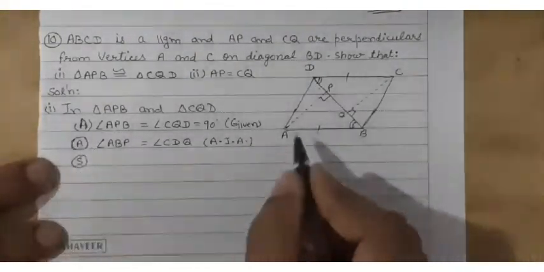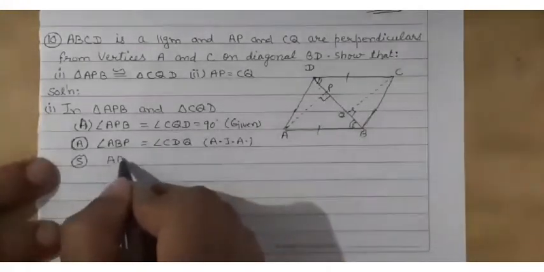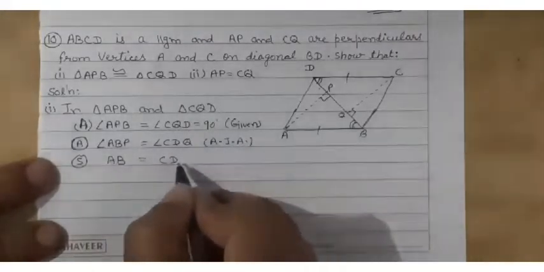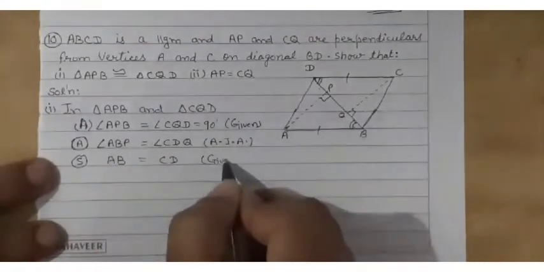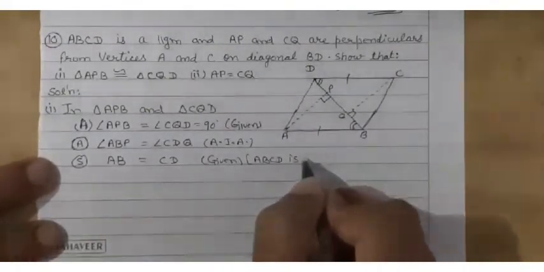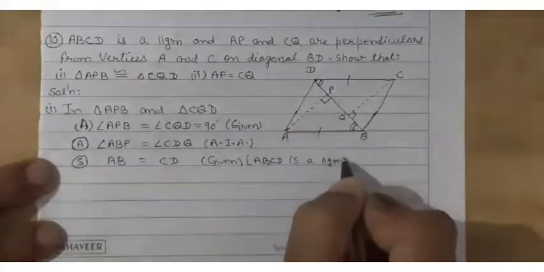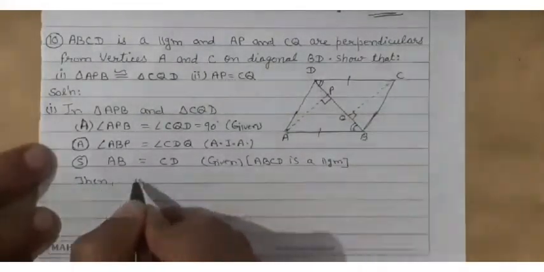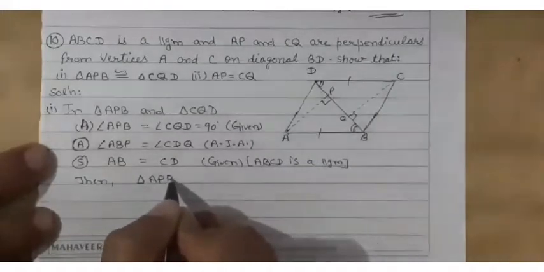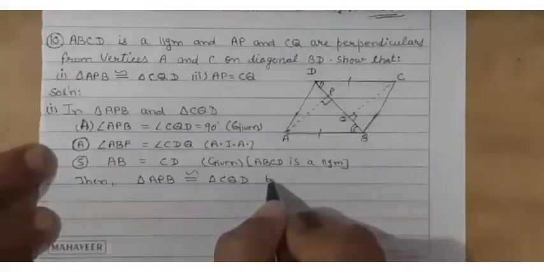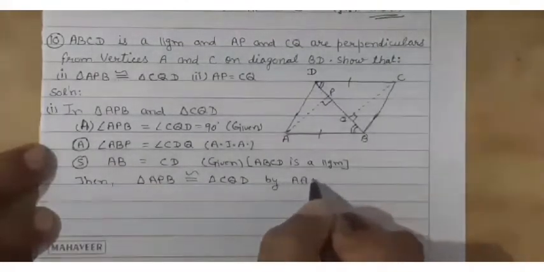And third, I am taking the side AB equal to CD. This is given because ABCD is a parallelogram. Then triangle ABP will be congruent to triangle CQD by AAS rule.